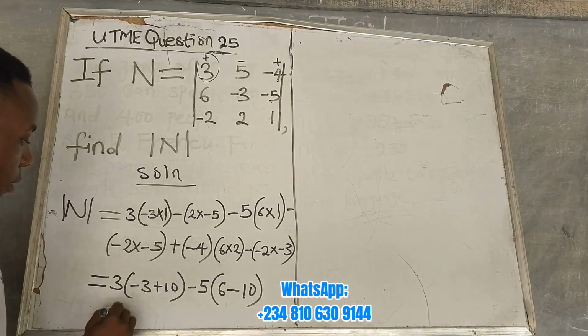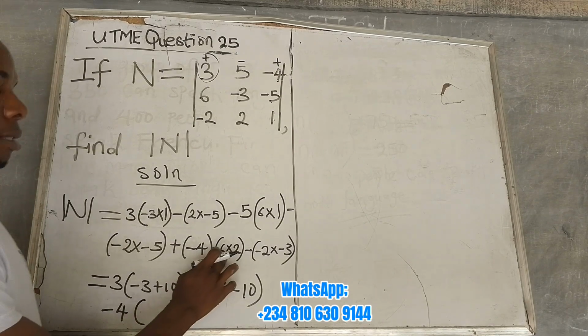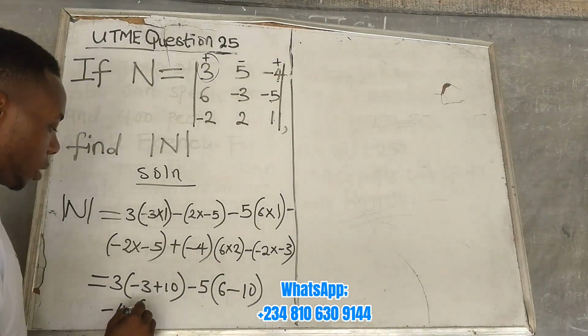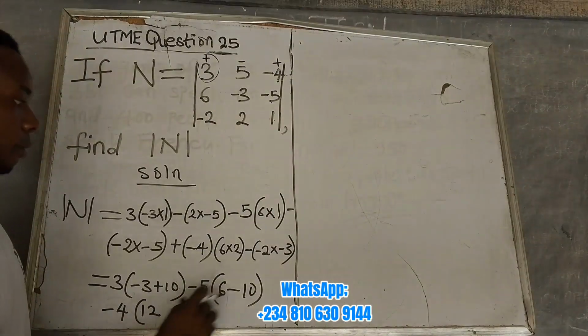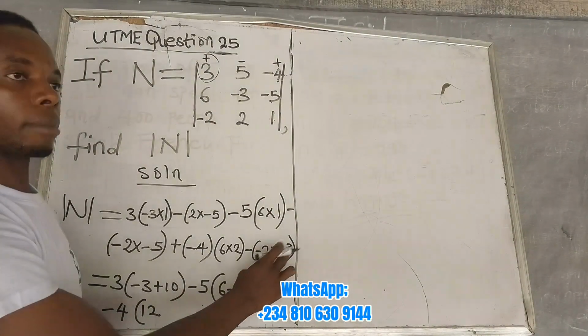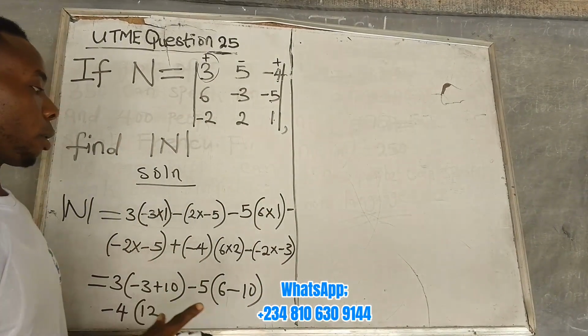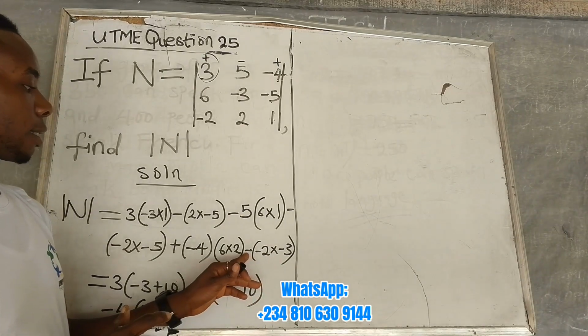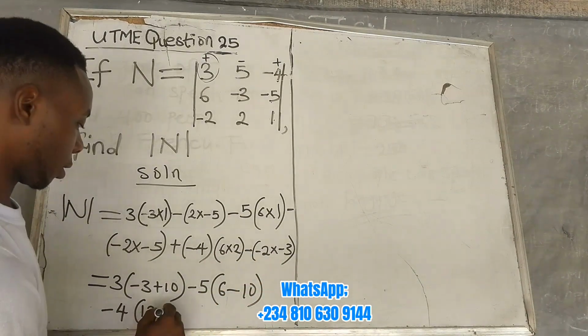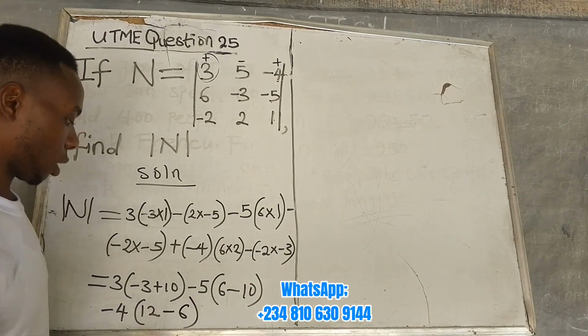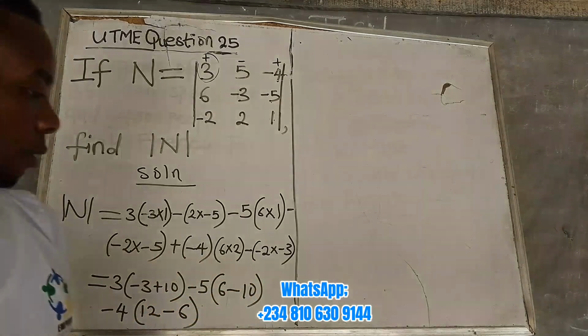So you say minus 4 in the bracket. 6 times 2 is 12. We put down 12. Minus 2 times minus 3 is plus 6. So plus 6 times this minus will give us minus. So this will be minus 6. Close the bracket. So we have finished this.